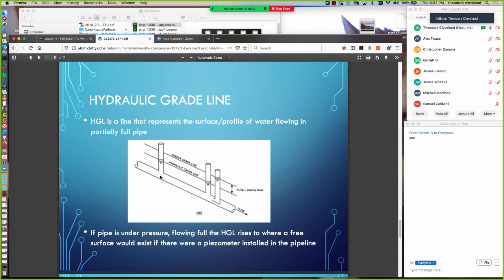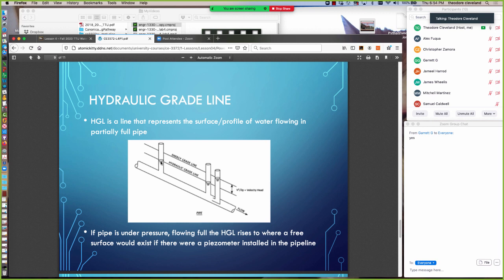So in this diagram, at the left point, there's a certain elevation. We'll just use the bottom of the drawing as the datum. So the distance from the bottom of the drawing to the center of the pipeline is the elevation head at that point. And then the distance from the center of the pipeline to the water surface in this piezometer is the pressure head at that point.